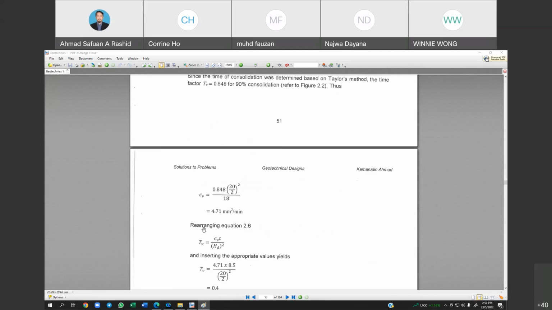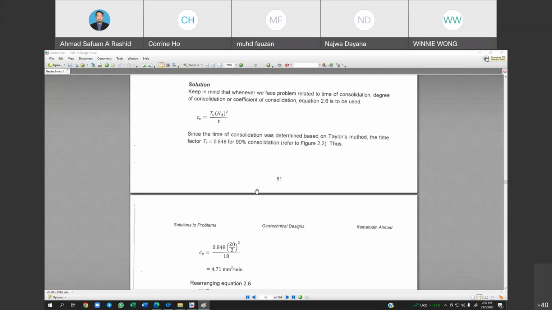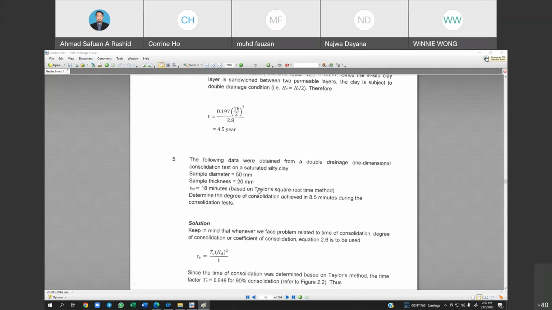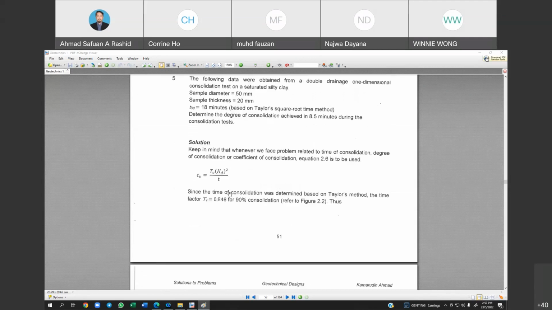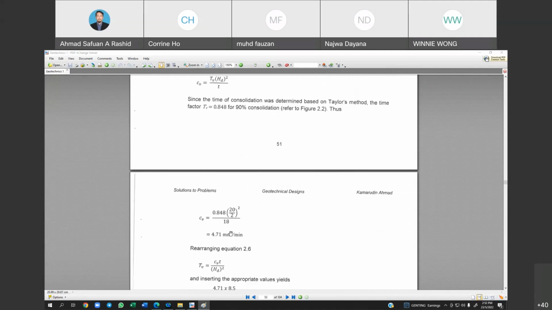So rearranging equation 2.6 to get the value of the TV, and inserting the appropriate values, which is the CV 4.71 times 8.5, where 8.5 is the time.